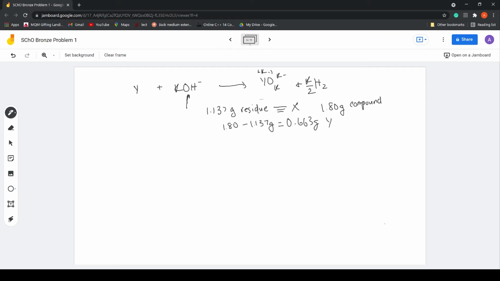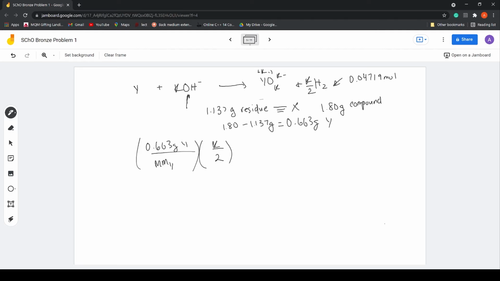Okay, so just like we did in the previous part, let's relate the grams of Y to the moles of hydrogen gas produced. If we remember, we calculated the moles of hydrogen gas that was produced, and we got 0.04719 moles. So let's relate the grams of Y, the molar mass of Y, to the moles of hydrogen gas produced. 0.663 grams Y divided by molar mass of Y, and then we have our stoichiometric ratio of K over 2 to 1, so times K over 2.